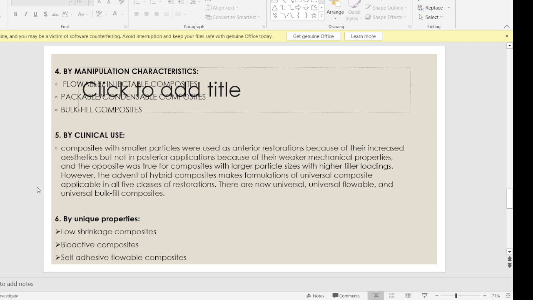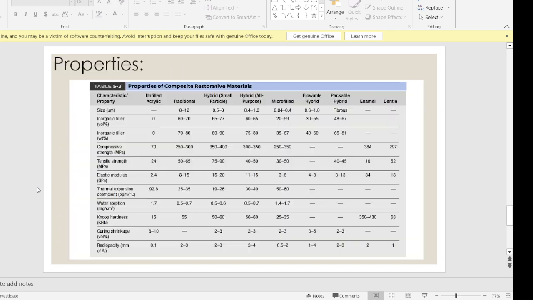Then the bioactive composite, as I already told you, which is where we have the fluoride-containing composite resins, which show an anti-cariogenic effect also. And the self-adhesive flowable composites. Now, these are all the properties of composite restorative materials.